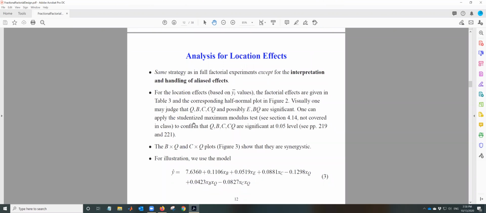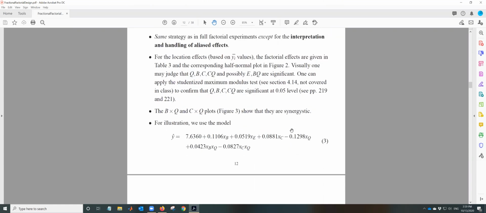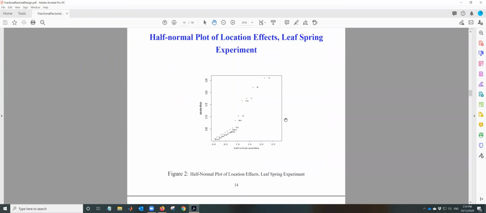Then you can also apply a statistical test to confirm those are significant. Now, if we look at the BQ and CQ interaction plots, they show that they are synergistic. So if we look at the plot, those are the half normal plot. You see Q, B, C, CQ, and possibly E and BQ, they are significant based on the half normal plot.